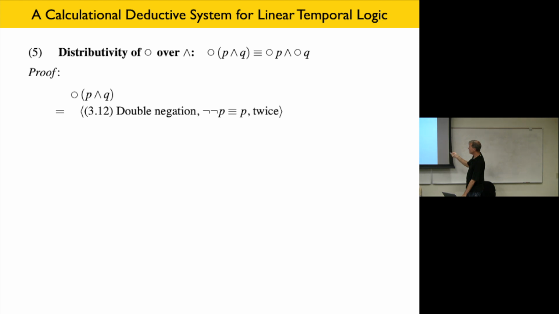Next, P and Q equals, by 3.12, double negation twice. We're going to pull a rabbit out of a hat here. If we do double negation twice, what's this going to look like? Next, not P and not Q. What about De Morgan?